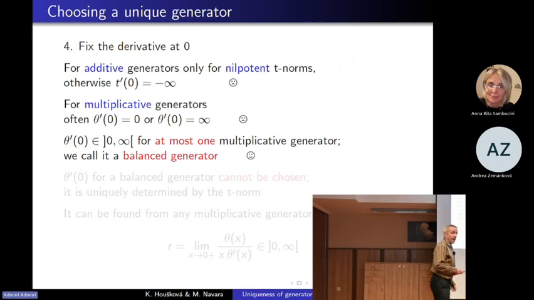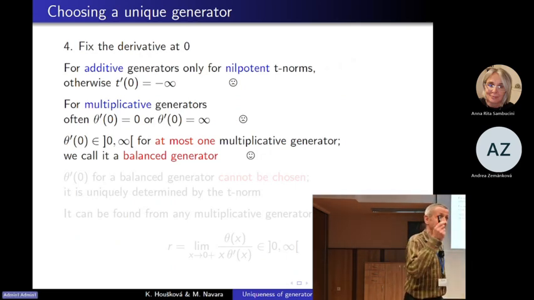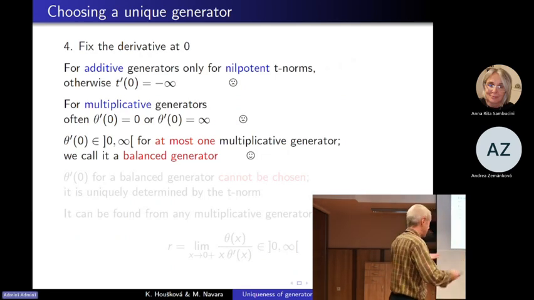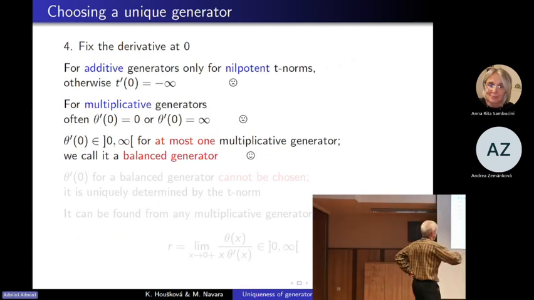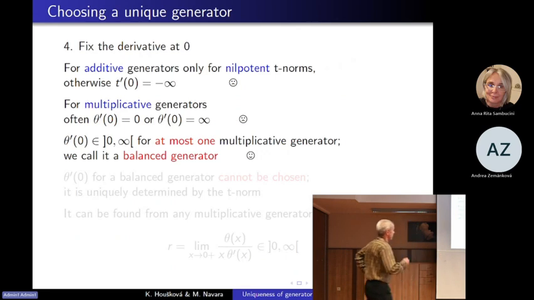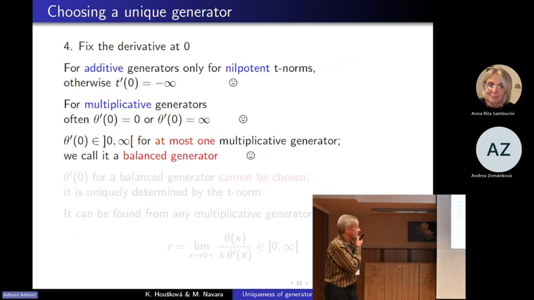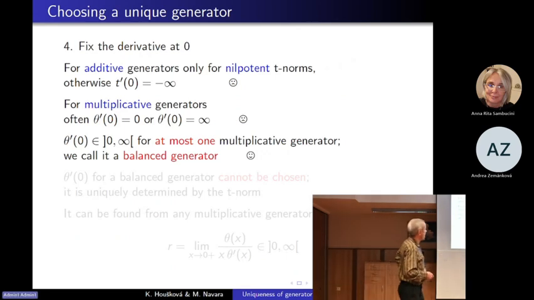Sometimes it's not the case. So sometimes there exists a multiplicative generator with a derivative at 0 non-zero and finite, so that we can normalize by dividing by this value. We call it the balance generator.